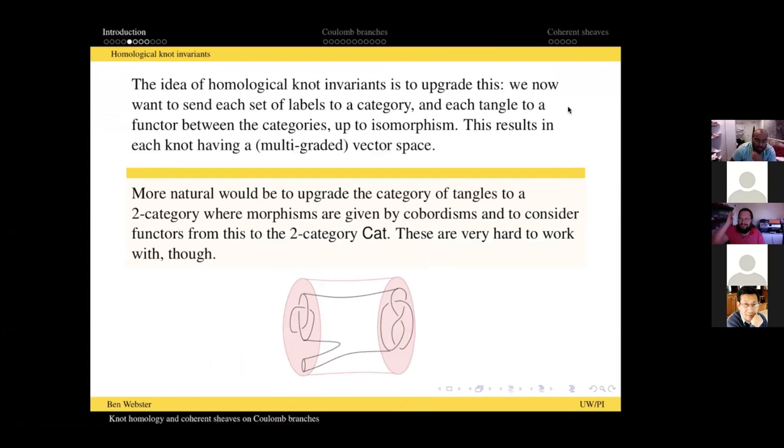I'm kind of stealing this example, or this way of phrasing it, from Khovanov. Why is it good to upgrade Euler characteristic to homology? Because you can't have a map between two manifolds and have a map between their Euler characteristics and ask, is that injective or something? But you can do that with their homologies. And there have been serious theorems proven using the functoriality of Khovanov homology with respect to cobordism.